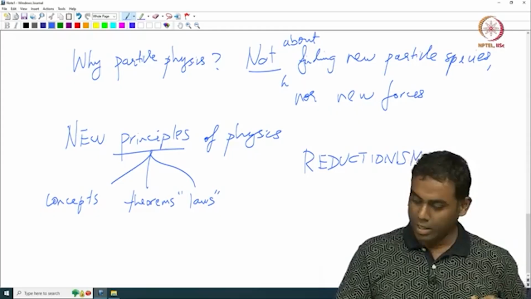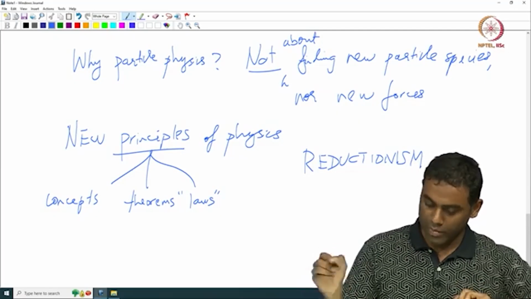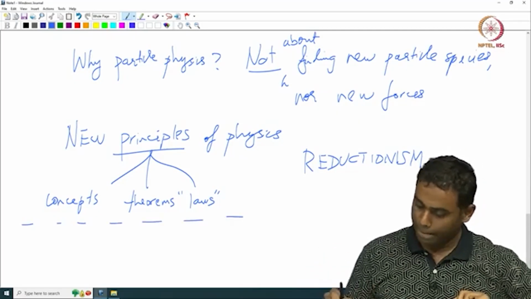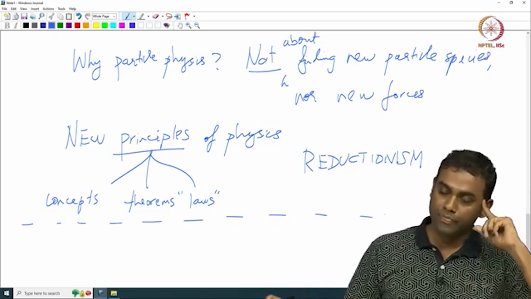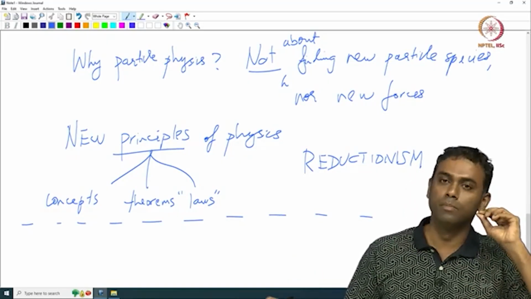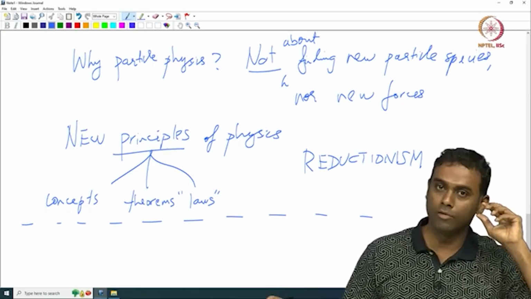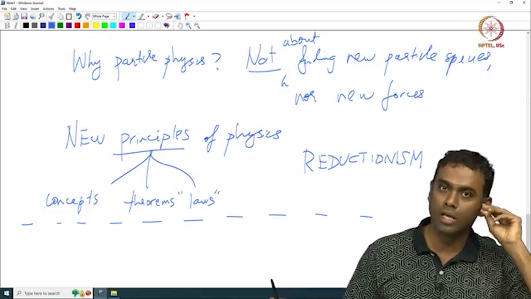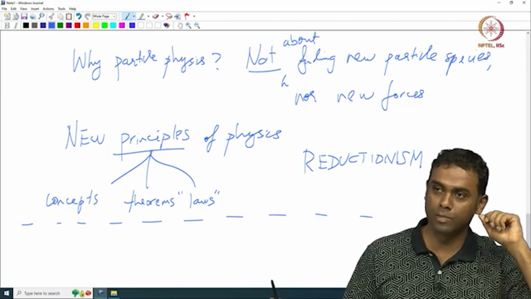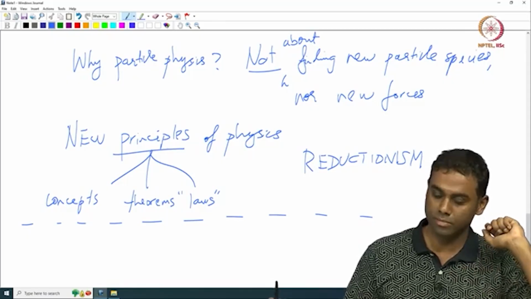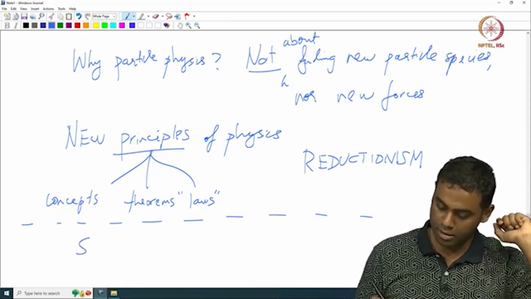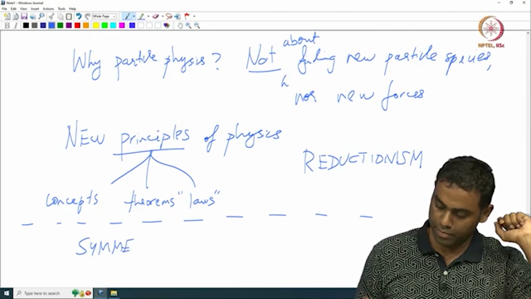All right. Now, having said that, perhaps the most important principle that we have learned to use in modern times to explain many phenomena is symmetry.